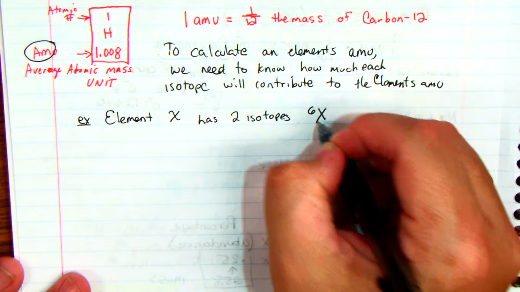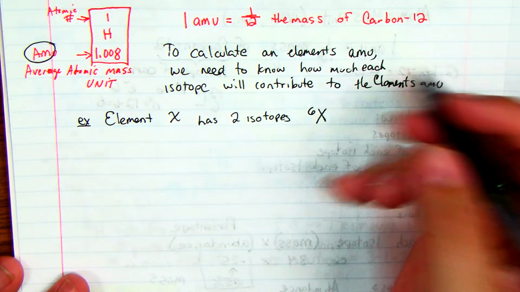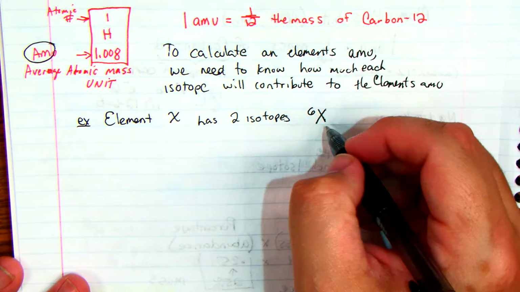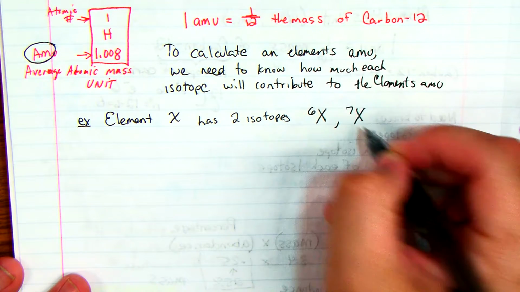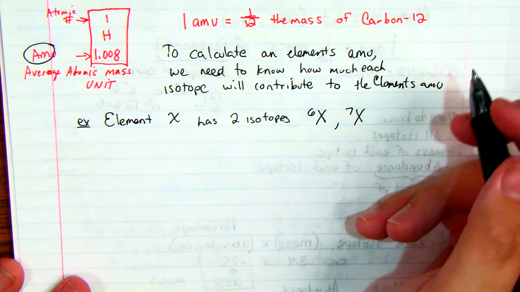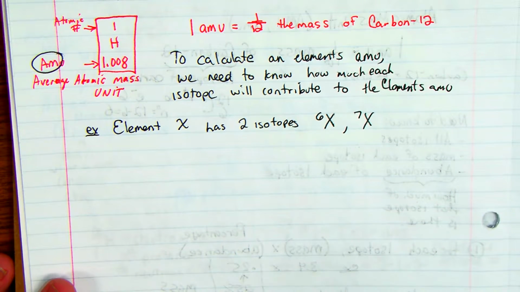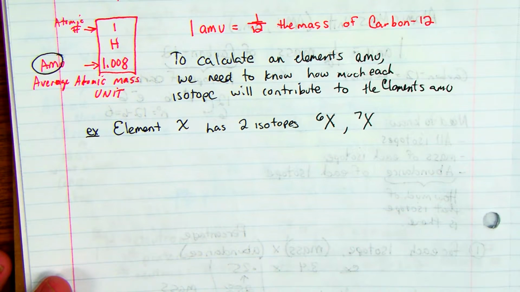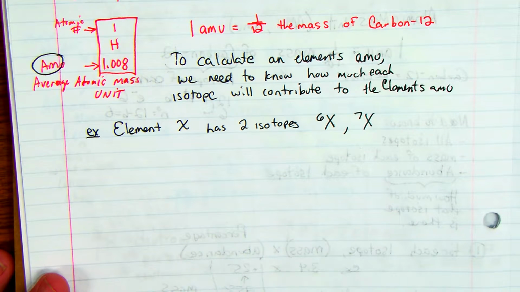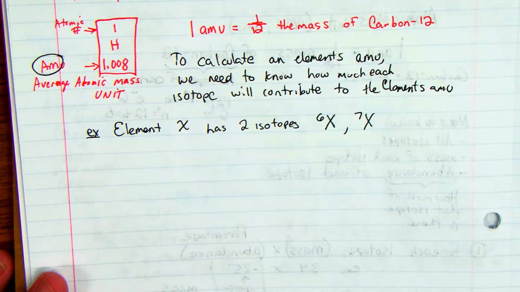You could call it X6 or put the 6 up top with X, and 7X or X7. Now, we need to use both of these because element X is going to be made up of part of the first isotope and part of the second isotope. And we need to put both of those together in order to calculate that AMU for element X.